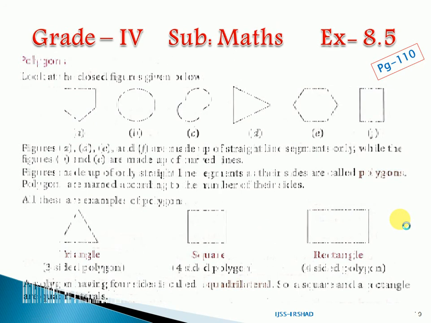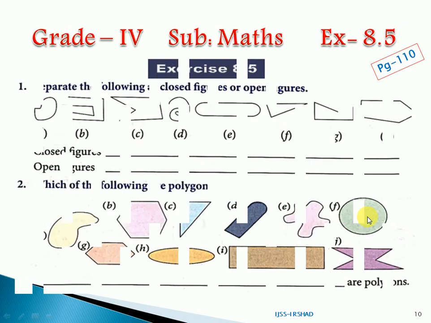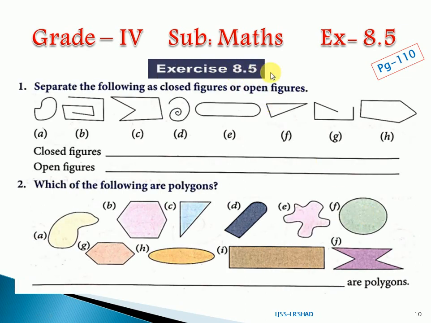Now we'll move to your exercise. Exercise 8.5. Separate the following as closed figures and open figures. So here they have written closed figures and open figures. You have to identify among these figures which are closed and which are open.